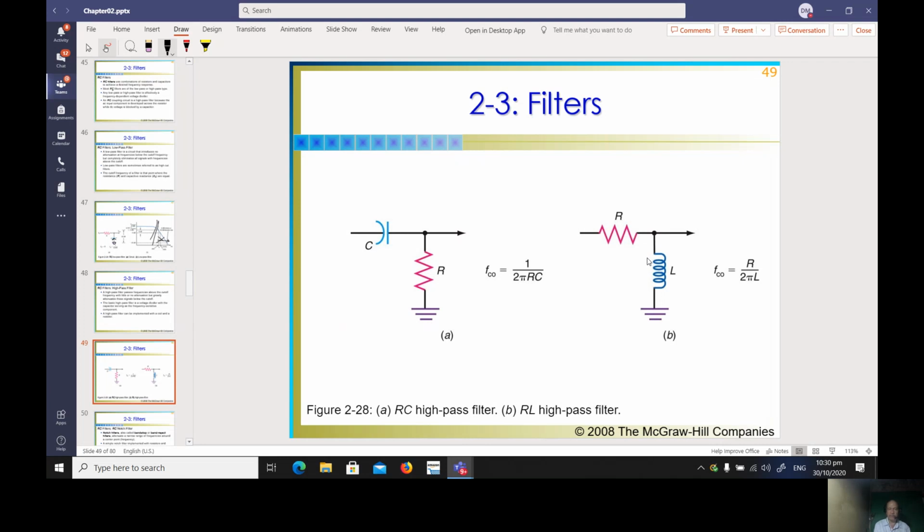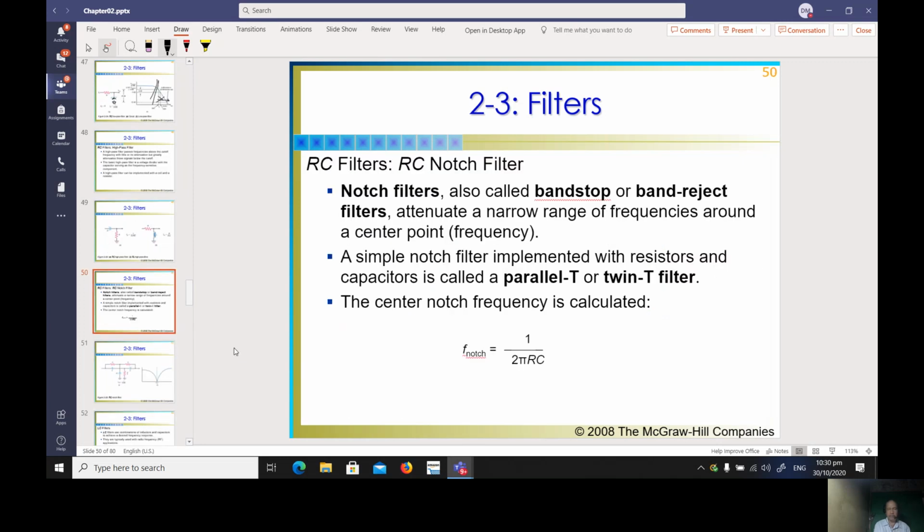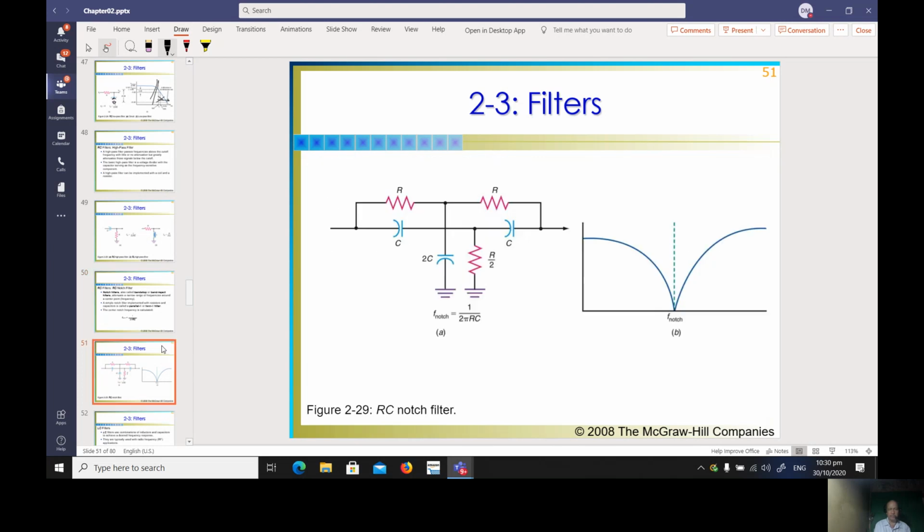You can use an RL, nga lang mahirap i-rewind ang inductor. Then notch or band stop kung tawagin, o band reject, okay? You can use this kind of connection, a combination of high pass and low pass. Ito high pass yan eh.